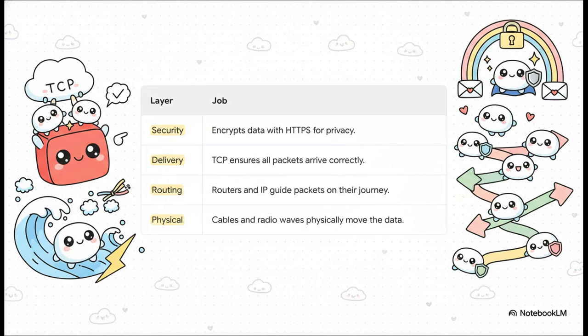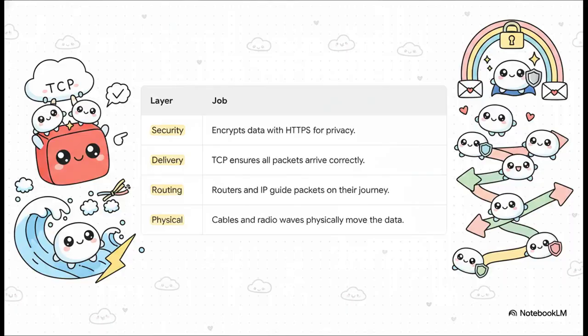You have the physical layer, the cables and radio waves, that just move signals. It has no idea what it's carrying. Then the routing layer, with routers and IP addresses, just guides the packets. It doesn't care if they all arrive. That's the job of the delivery layer, TCP, which makes sure the message is perfect. And then on top, you can add a security layer to encrypt everything for privacy. Each layer just trusts the others to do their part.